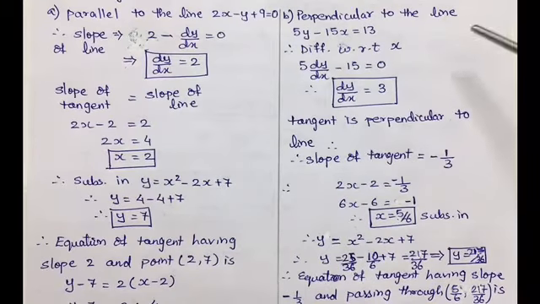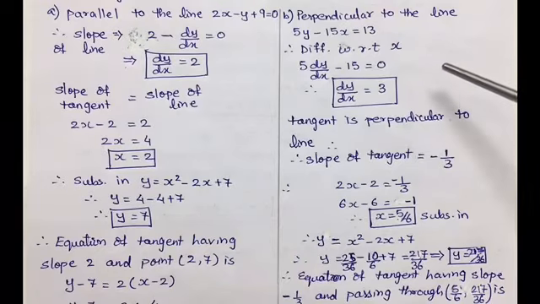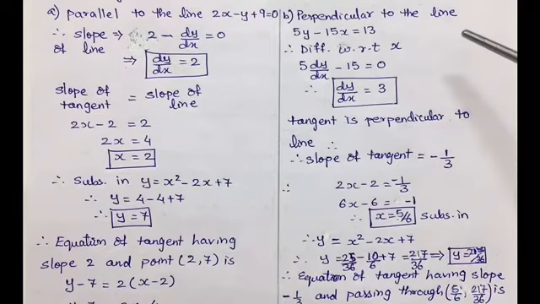So here is the equation of line given. Now again we will be calculating the slope of the line. The tangent slope is already known to us, that is 2x minus 2 is the slope of the tangent.